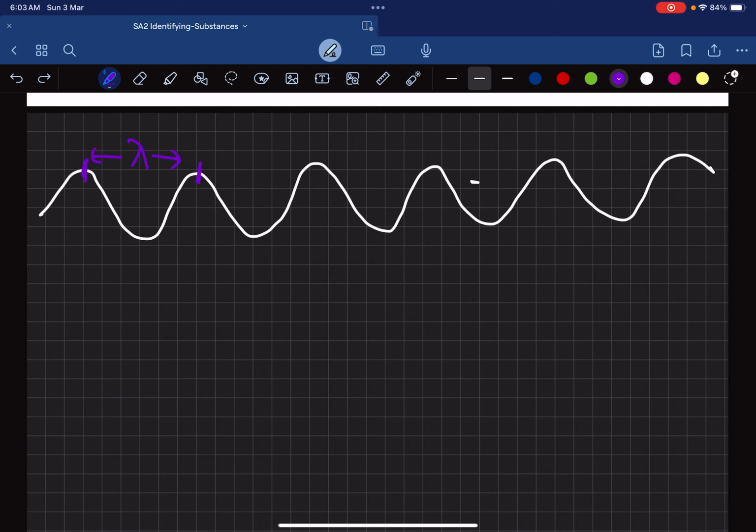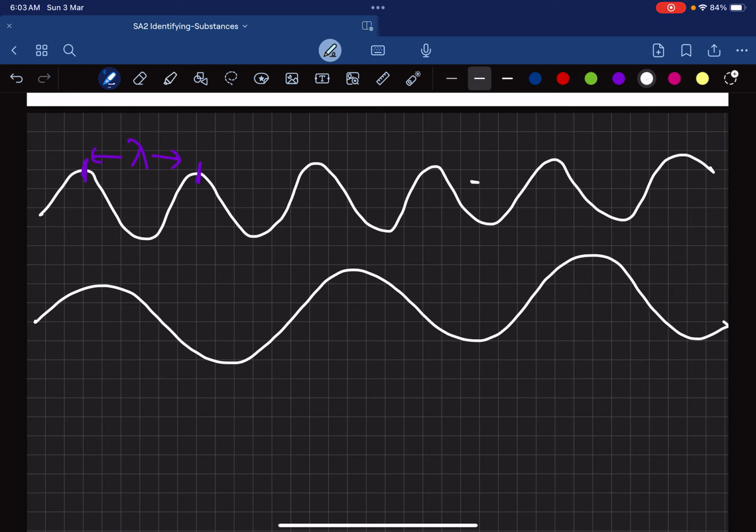Then we also have waves that look like this. In this case this would be the wave number. Let's call this A, and this is B. And then we also have waves that move, let's say, like this.